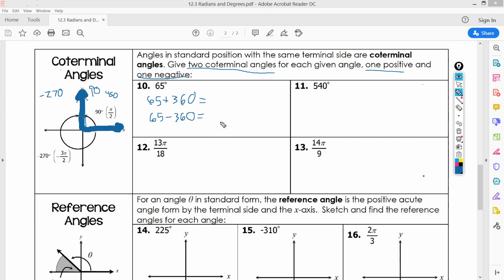So we do this math. 36 plus 6 is 42, plus 5, so I have 425 degrees. And then minus, that's going to be negative 295 degrees. So that's it. Those are our coterminal angles.